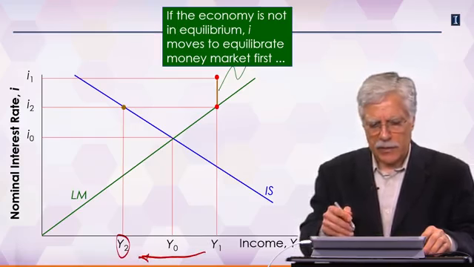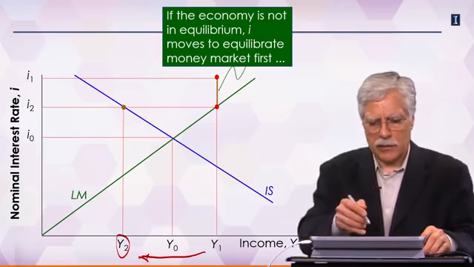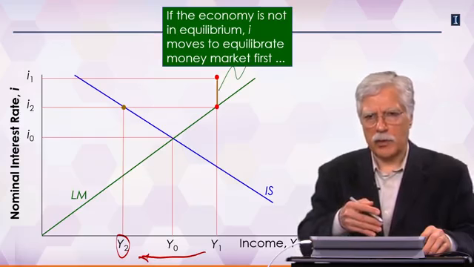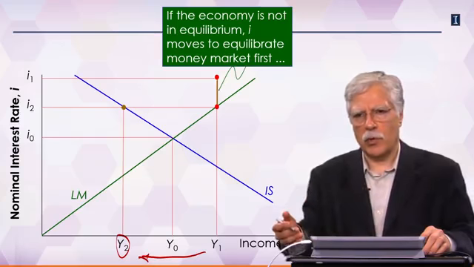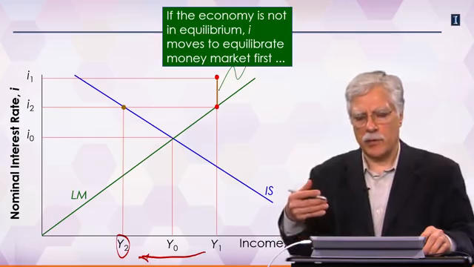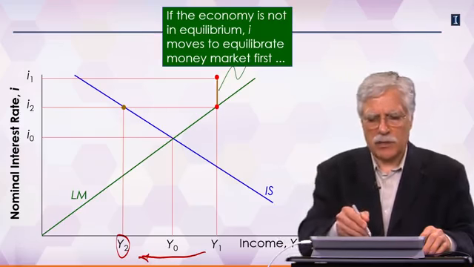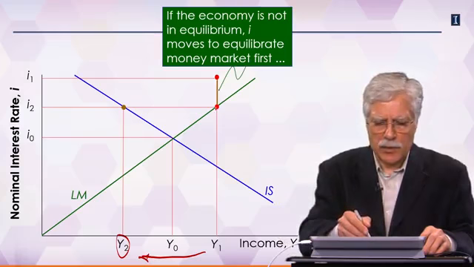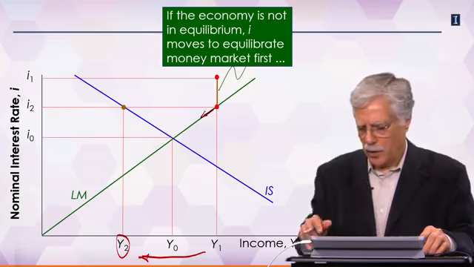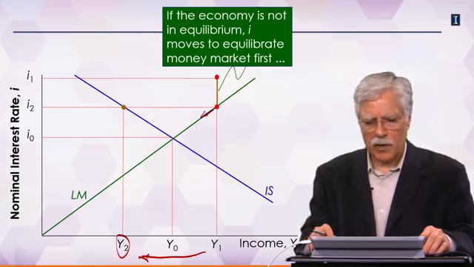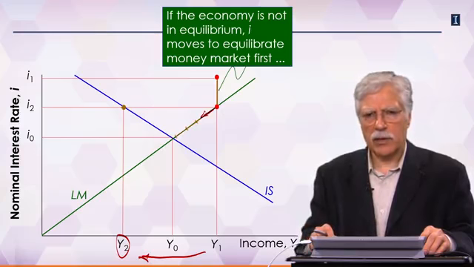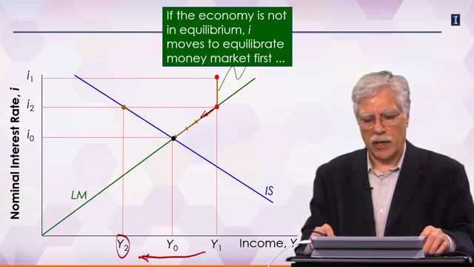If that's the case, then income is lower and people don't need to hold much cash, so they're going to be buying even more bonds and driving down the interest rates. But this time, as the interest rate drops, income is also declining. Money market is staying in equilibrium, and therefore the economy moves down the LM curve towards the crossing point with the IS curve and eventually arrives there.